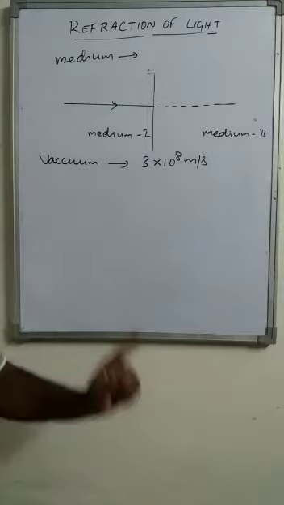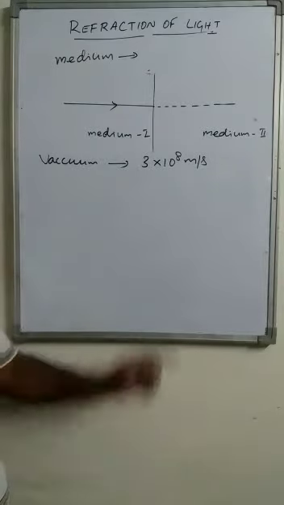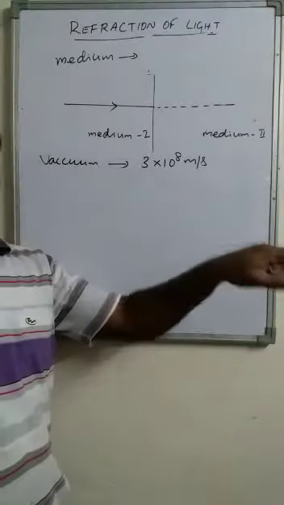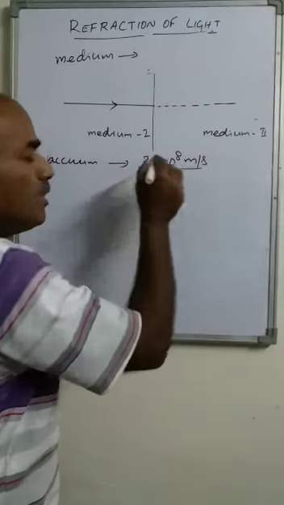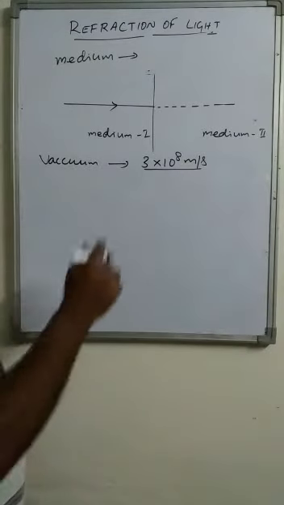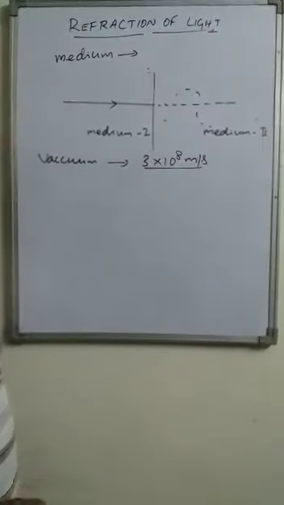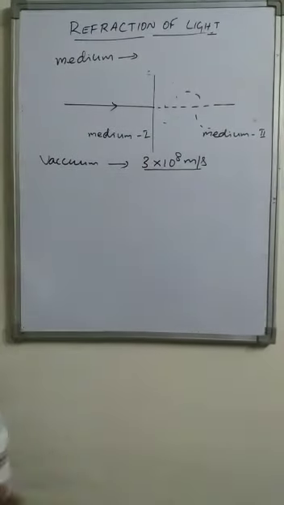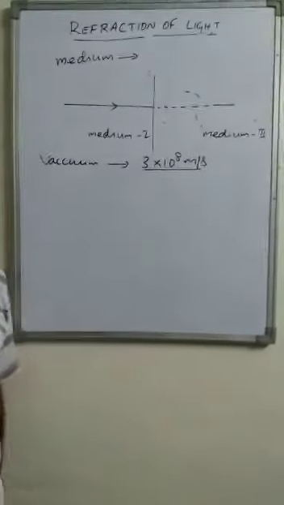This is in vacuum only. If it travels in any other medium, then it will not travel with the same speed. Because of the presence of particles in that medium, the speed changes. Obviously, the speed decreases.